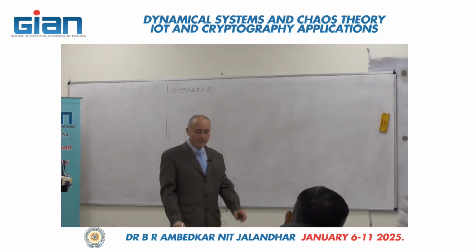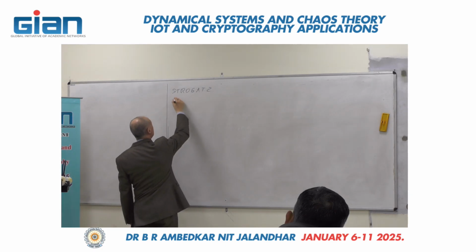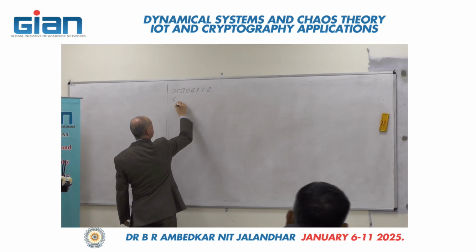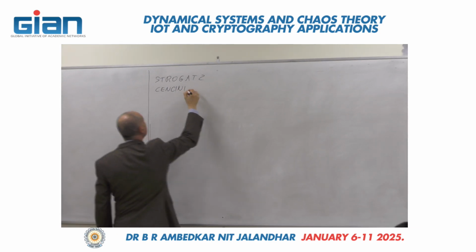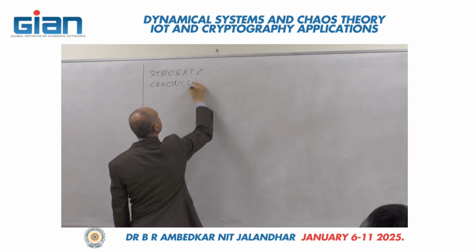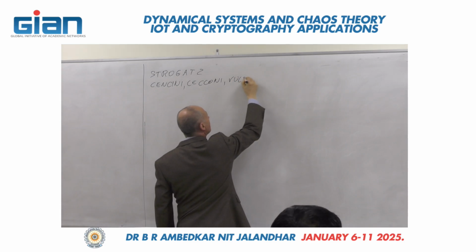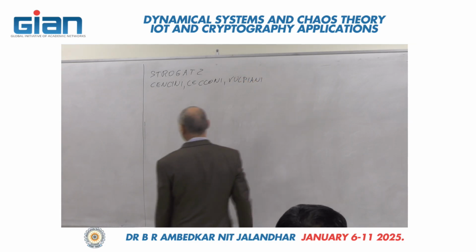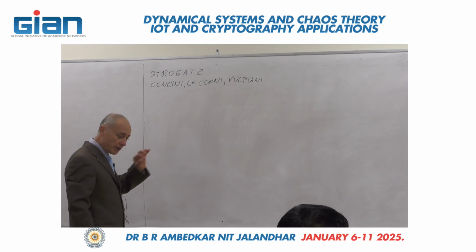He has a book on dynamical systems and chaos. Then there is a group of 3 of my friends from Rome, Cencini, Cecconi, Vulpiani. They have another book on dynamical systems and chaos. I think that the title of the book is really Chaos.